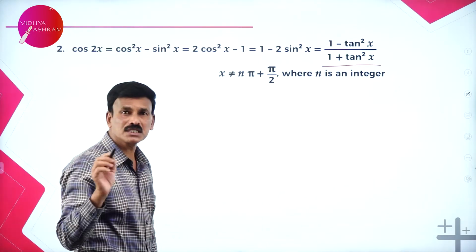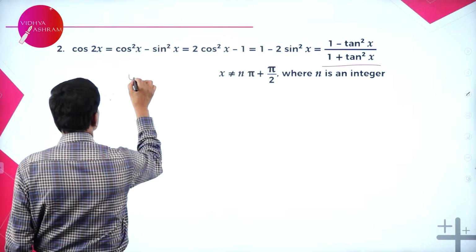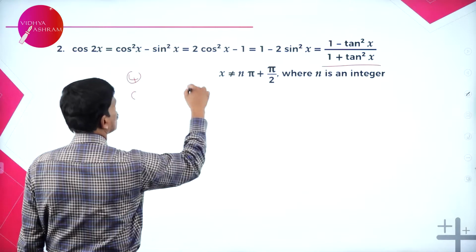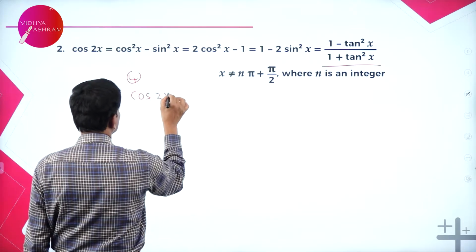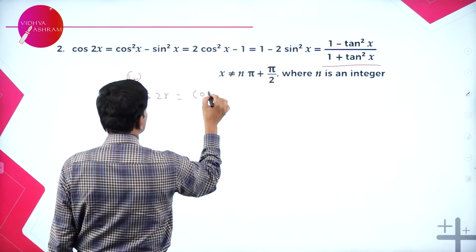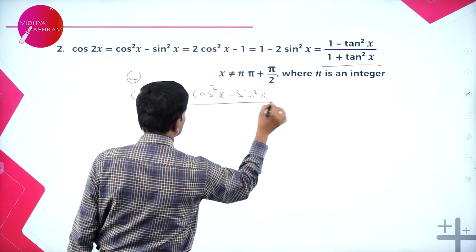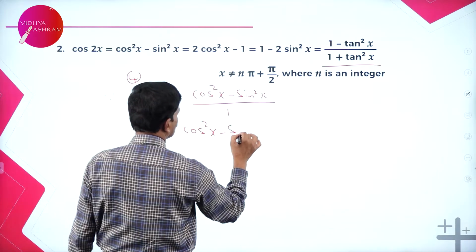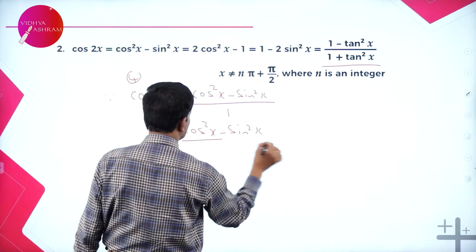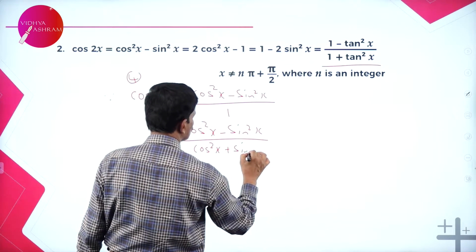Now let us come to the fourth part. So since we know that cos 2x is equal to cos square x minus sin square x divided by 1. This can be written as cos square x minus sin square x divided by cos square x plus sin square x.